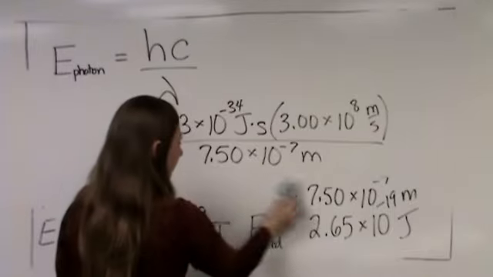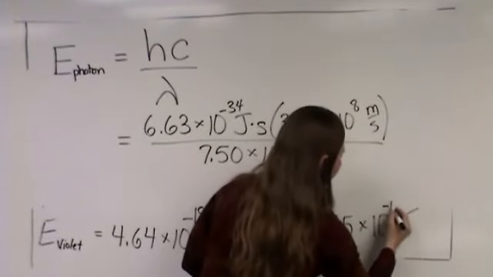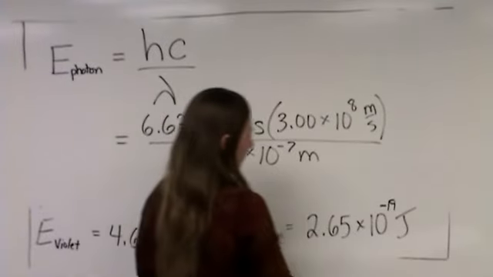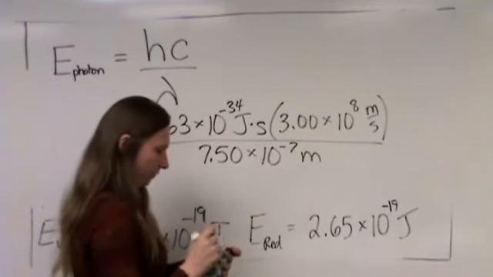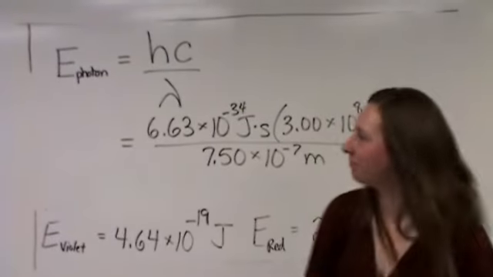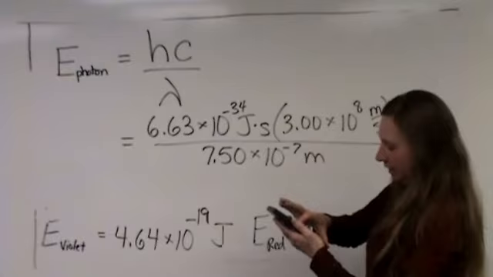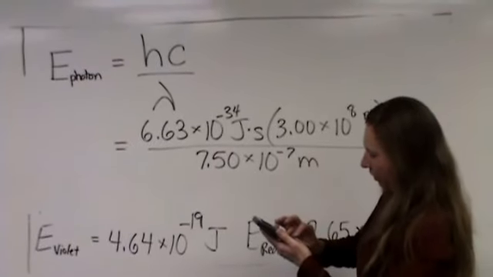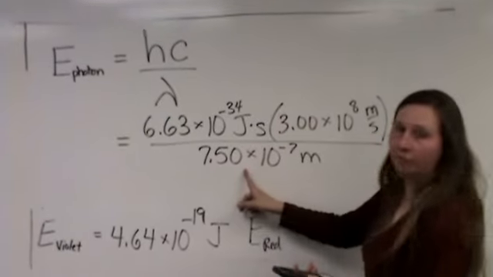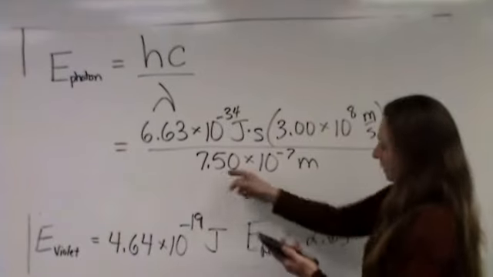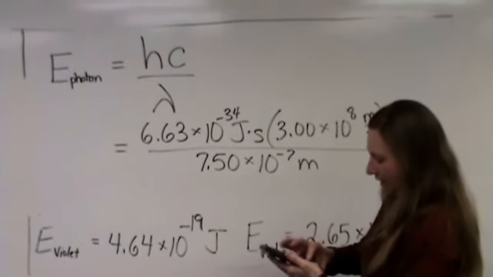Okay, so I don't need this guy anymore. Away we go. Put my negative 19 back there. All right. Okay, let's do the math. 6.63 E negative 34 times 3 E8 equals, now I'm going to divide by 7.5 E negative 7.